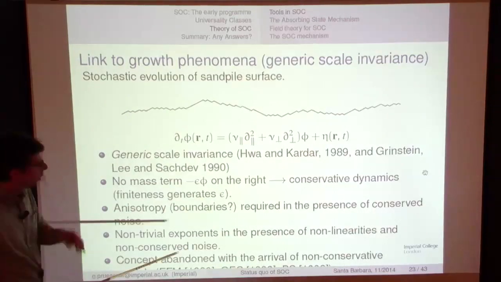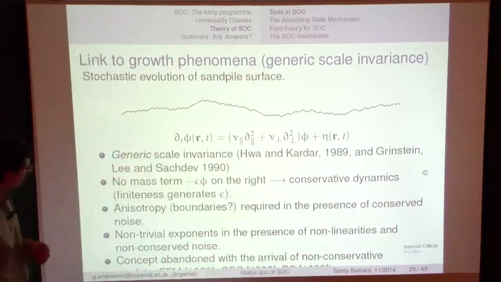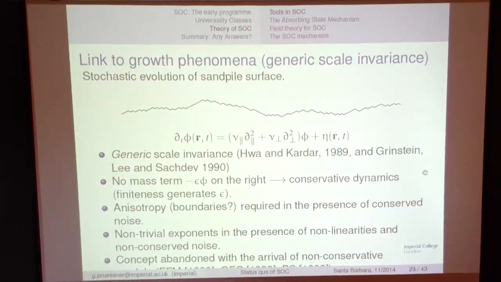The noise has to be conserved as well. And you have to have conservation, right? KPZ. You can have conserved KPZ, and some people suggest some self-organized critical systems belong to the conserved KPZ class. So you have to have conservation, and you have to have conservation in the noise.